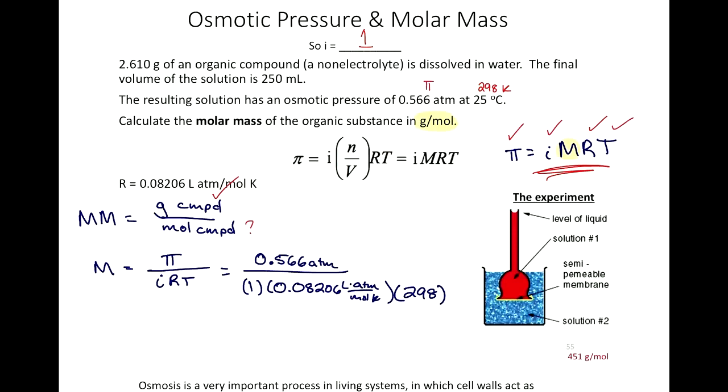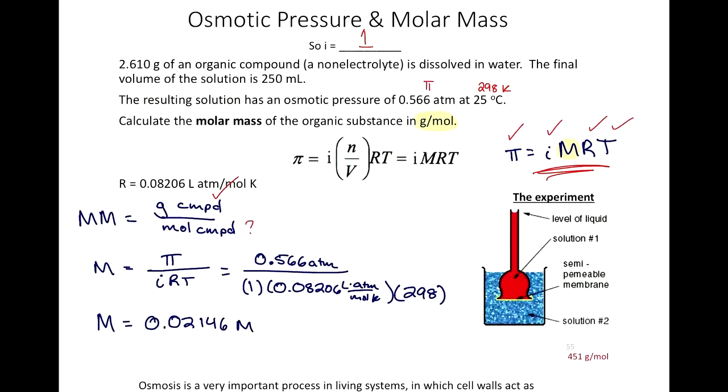Molarity is in units of moles per liter. So if we calculate this, we should already have the unit of molarity. And so we get that the molarity is 0.02146 molar.